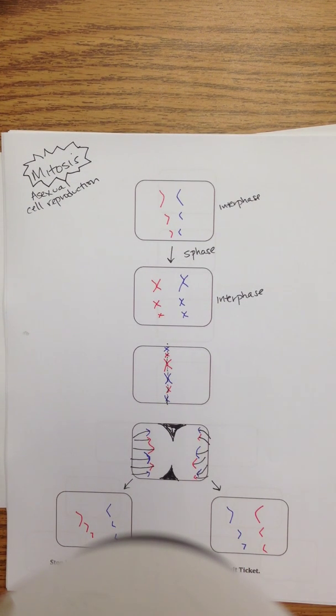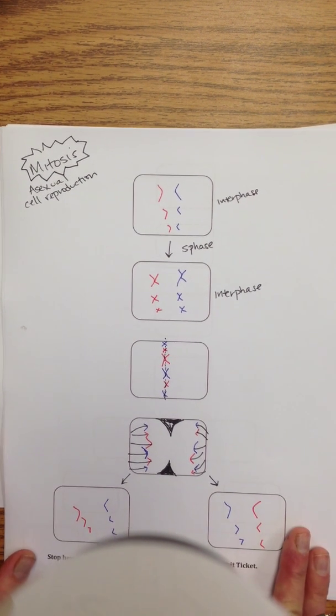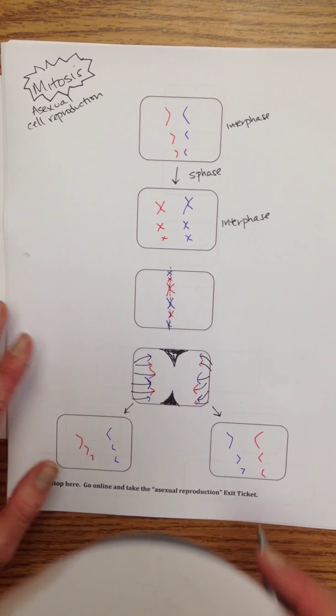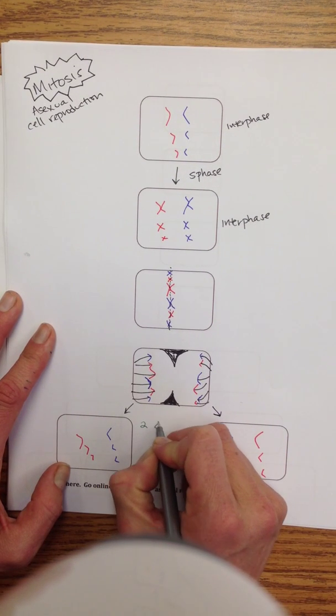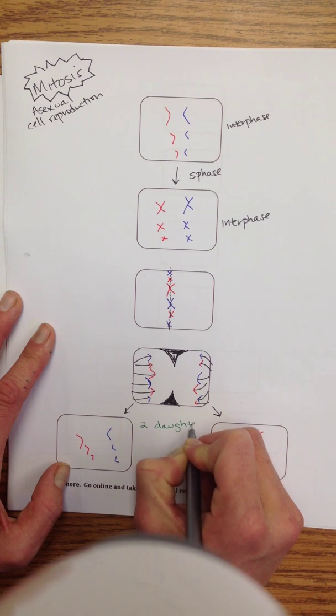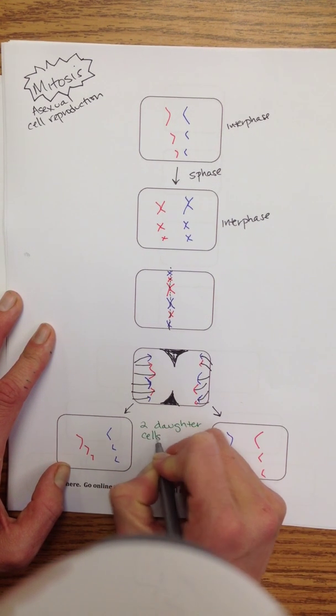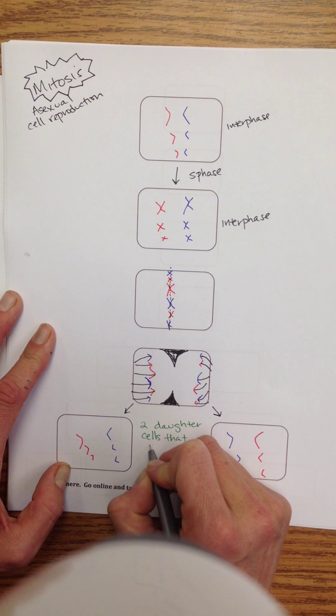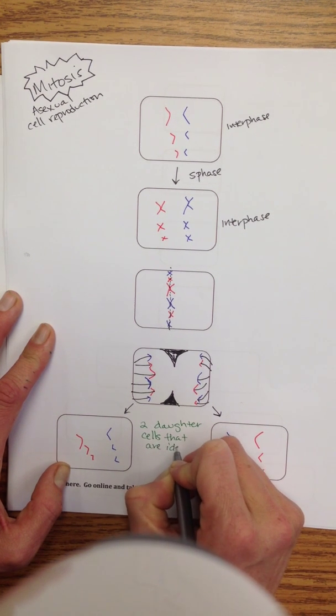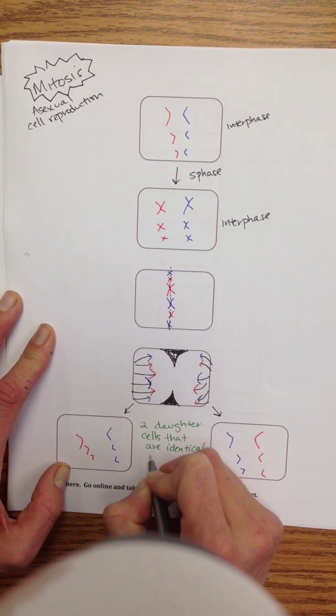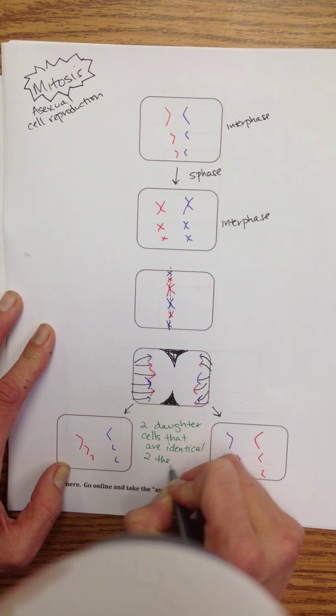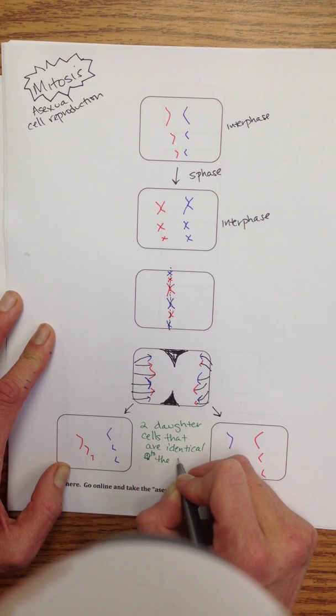They look identical. We have 2 daughter cells that are identical to the parent cell.